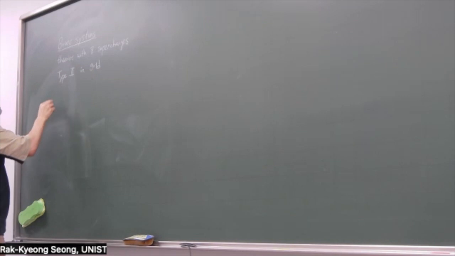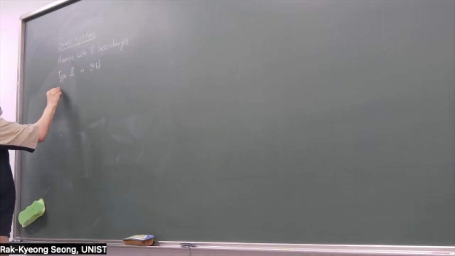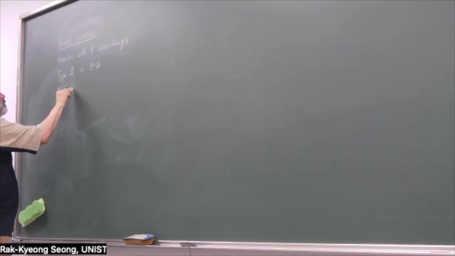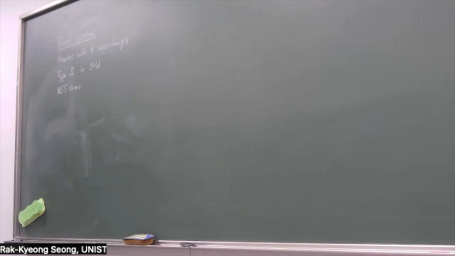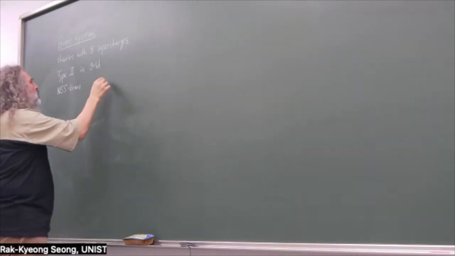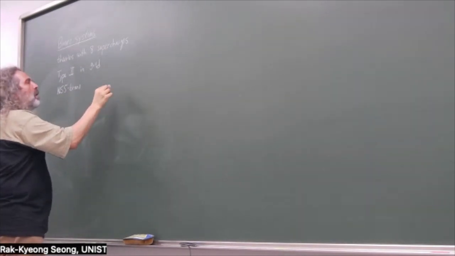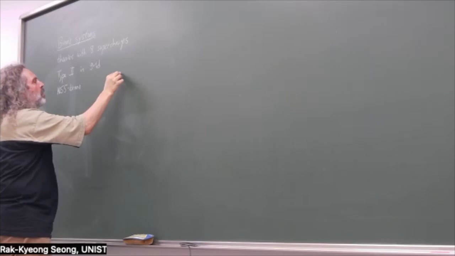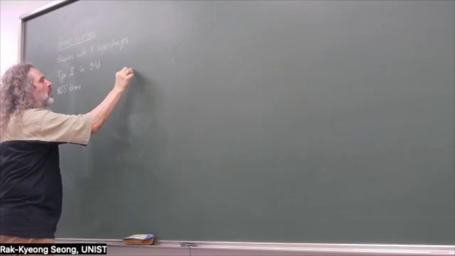There are various branes. The first one will be the Neveu-Schwarz 5-brane, and we will set it to be along certain directions. I'll draw that, which is the common thing that people do.